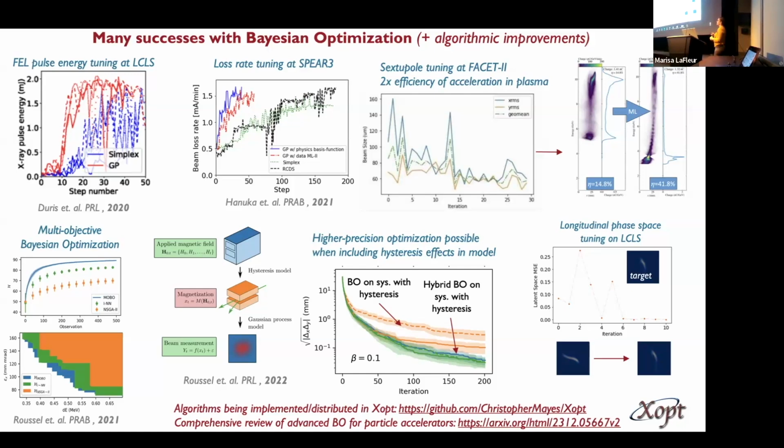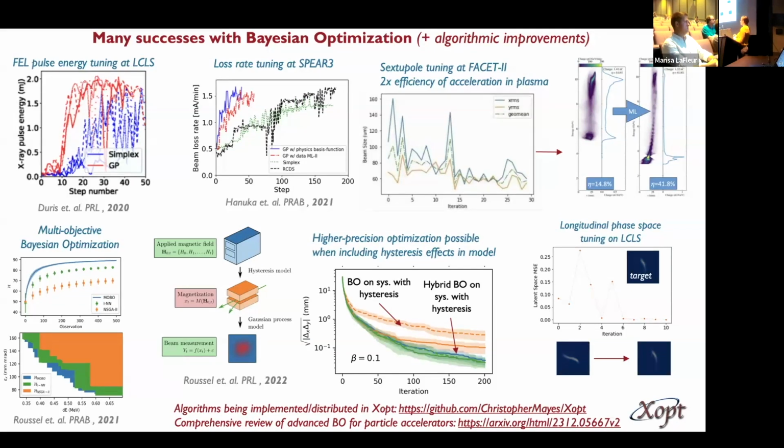And then that actually allows us to have a more accurate model, which then allows us to tune up the accelerator more accurately. And so this type of approach is something that we're increasingly taking in this community. And then we've also started using things like multi-objective Bayesian optimization to try to map out Pareto front trade-offs between different accelerator beam components, for instance, and to do this online on the real accelerator efficiently with BO.